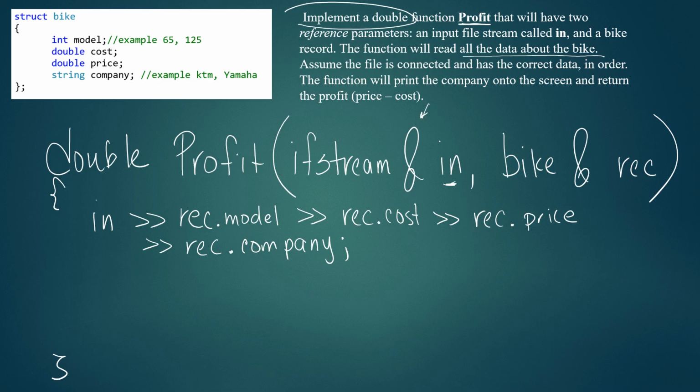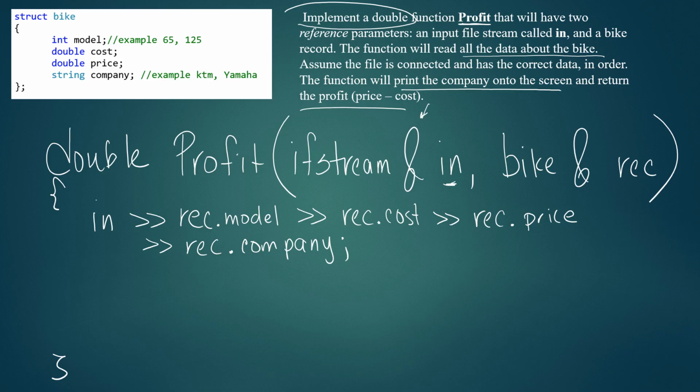So once we read the data in order, then we will be able to finish the rest of the function. What do we have to do? We need to print the company onto the screen and return the profit.